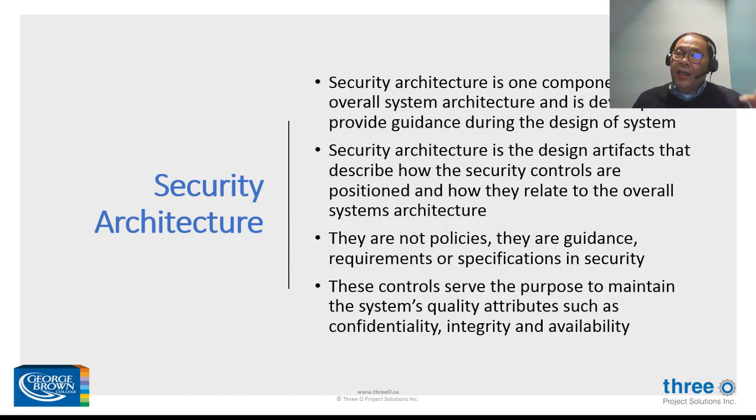Security architecture overlays onto that. For example, PII, personally identifiable information, needs to be encrypted at rest and in transit. Or external communication with vendors sharing sensitive information needs to be in an encrypted tunnel.